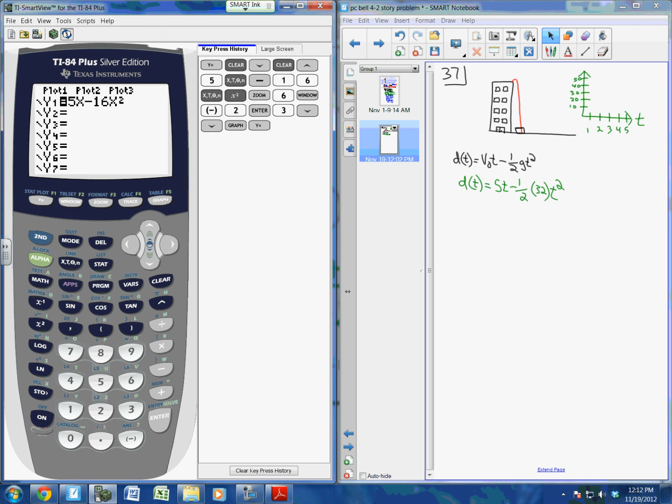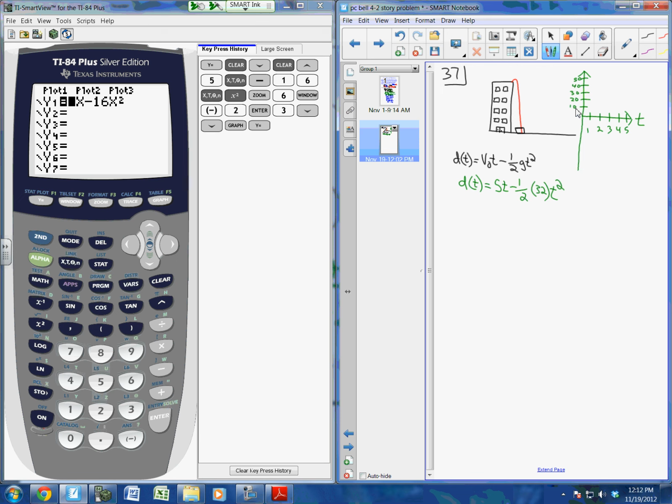So we actually need the bottom part of this graph right here, because they're talking about the top of the building as being 0. So down here, we're going to go down to 50 feet below. So that's going to be 10, 20, 30, 40, 50. Okay, so this is -50 right here.